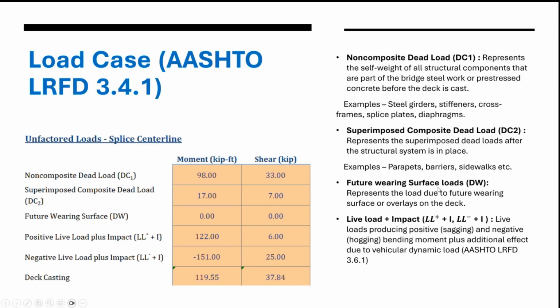The third one is the future wearing course, like some asphalt or other wearing surface on top of the deck, for which we add the dead load. Since we are not using it in this case, we just took it as zero.